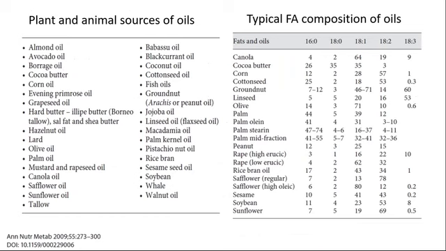So here is a list of animal sources and plant oils. And if you look at the thing, you see we have almond oil, you can have blackcurrant oil, you can have jojoba oil, linseed oil, and each one of these oils is being promoted for its nutraceutical or bioactive properties, because there is some bioactive principle in each one of them.